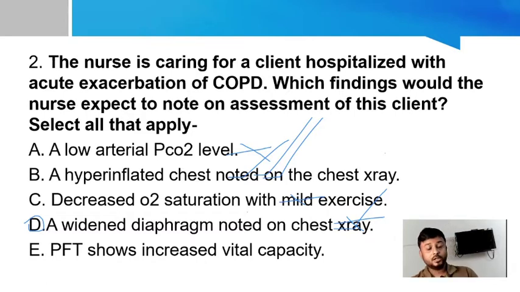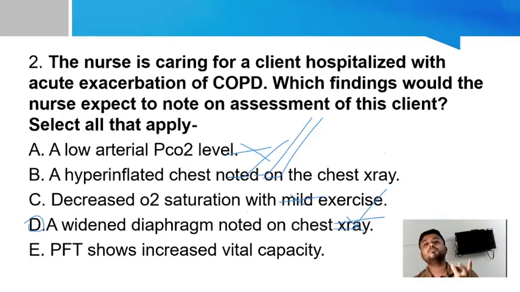So you can see, the first option is a low arterial partial pressure of carbon dioxide level. Second is a hyperinflated chest noted on the chest X-ray. Third is decreased oxygen saturation with mild exercise. Fourth one is a widened diaphragm noted on chest X-ray. And fifth one is PFT shows increased vital capacity.